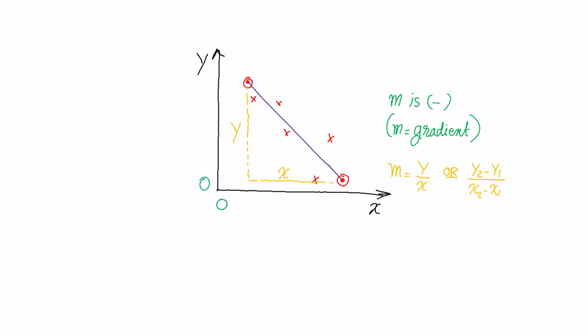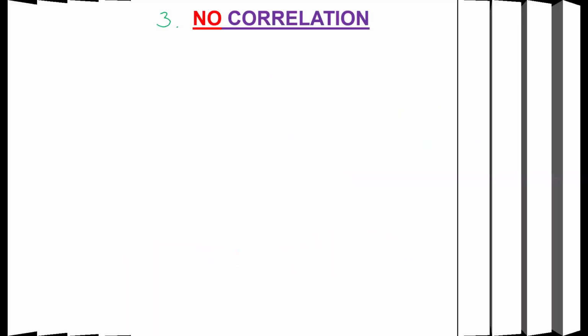Now look at this. Again, the same rule that the gradient is found by using a triangle. Number 3, no correlation.